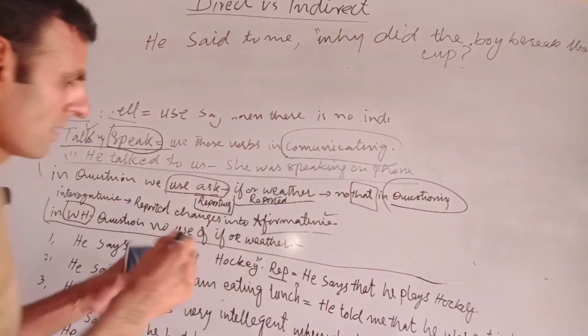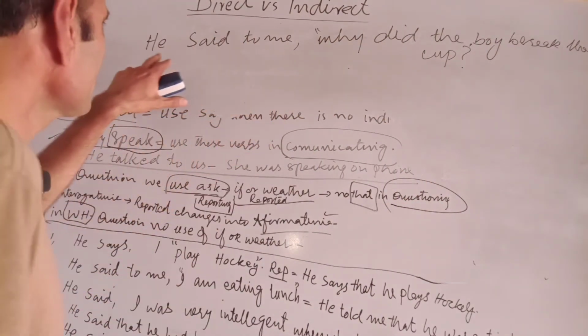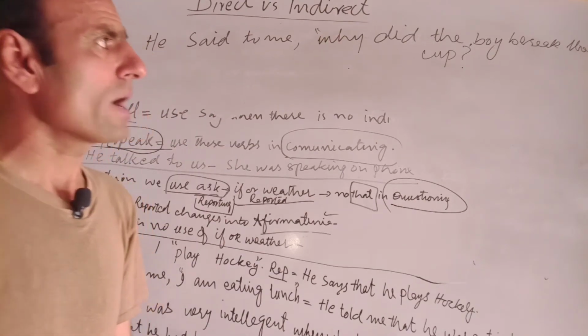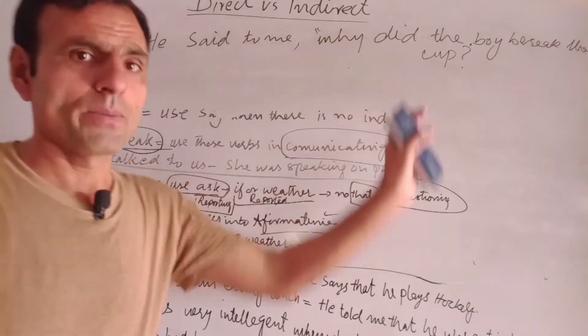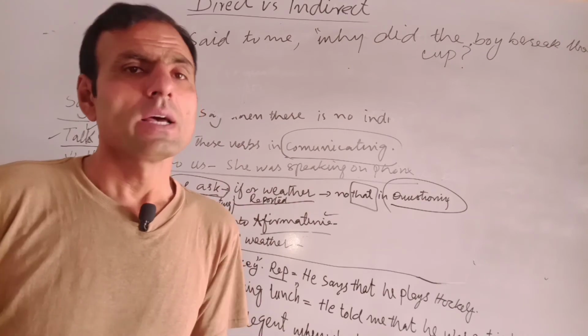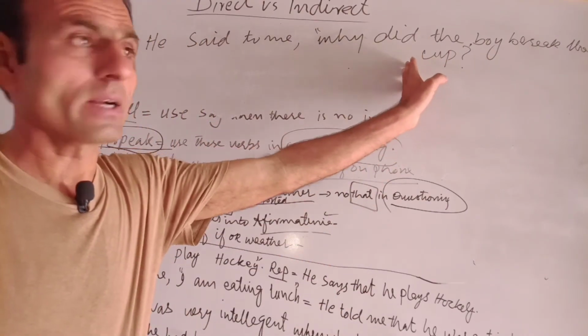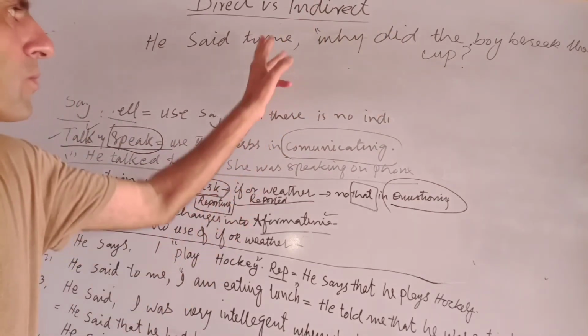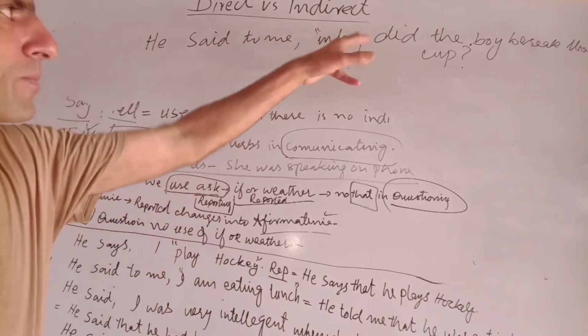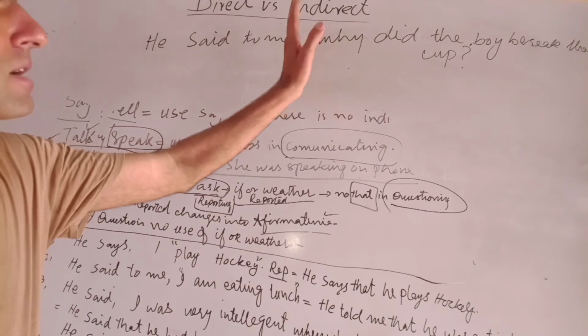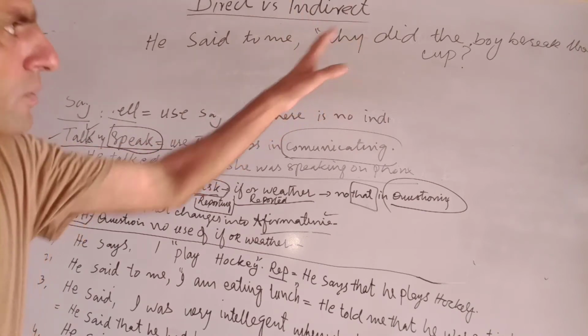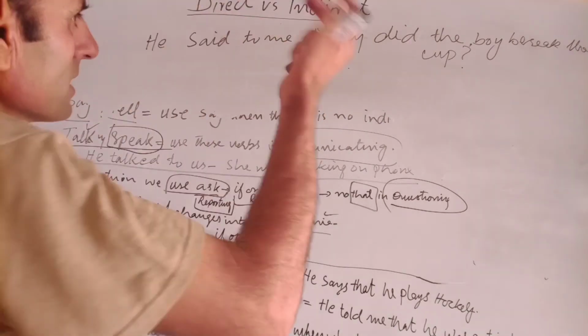Now see here, if he says that, why did the boy break the cup? We can't say no or yes. This is not a yes or no answer. This needs a proper answer. That's why we don't put here if or whether in the reporting speech in indirect, but we put that, and we can change the question sentence because this remains the same.